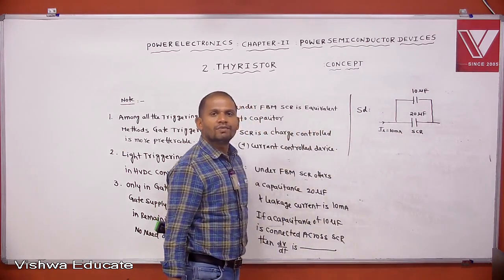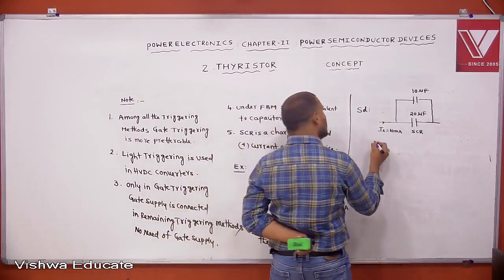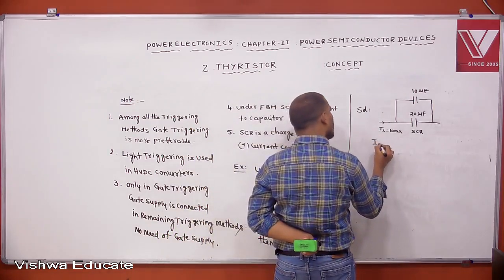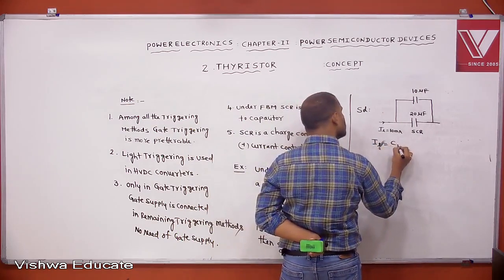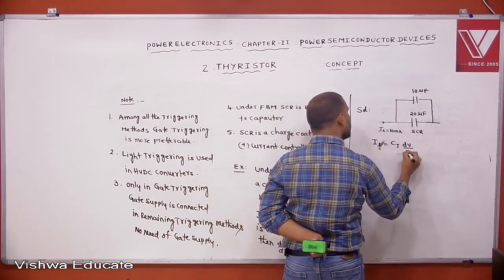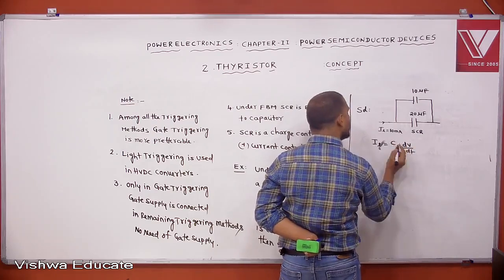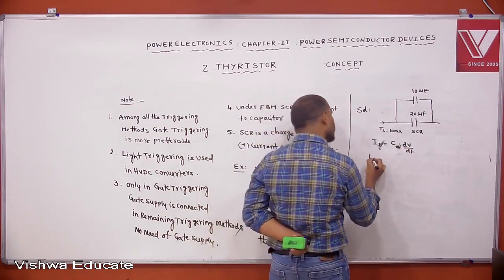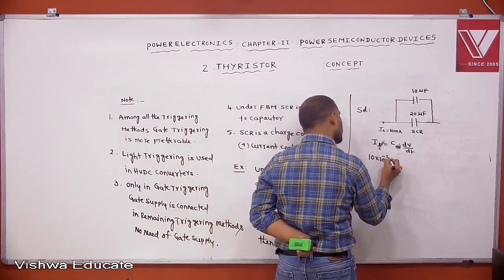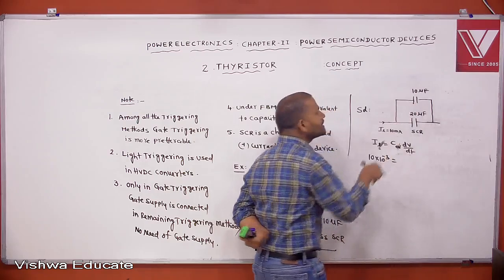Okay, then dV/dt. We know that the leakage current I_L equals C into dV/dt, taking C equivalent. This is how much? 10 milliampere. C equivalent means two capacitors are in parallel.